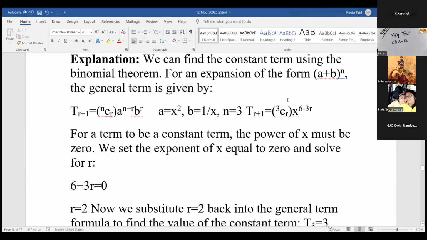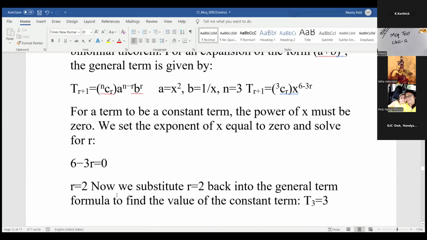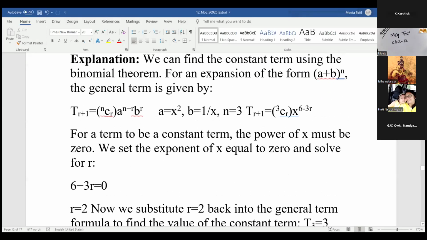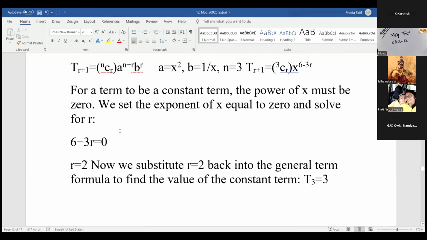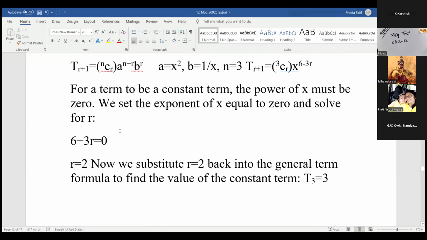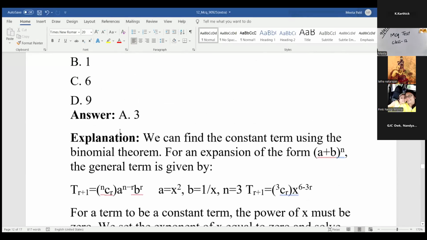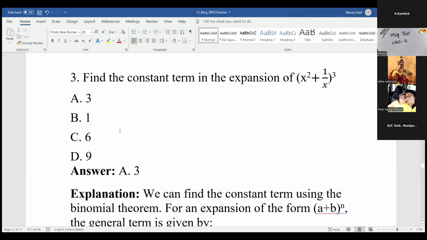So here you are getting x power 6 minus 3r. Considering 6 minus 3r is equal to 0, you will get the r value as 2. Further, in the same formula, put all the values of a, b, n and r, and you will get the answer as T3 is equal to 3. So for this one, option A, 3, is the correct answer.